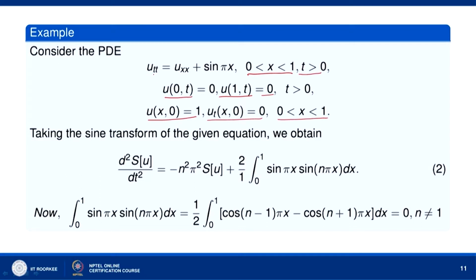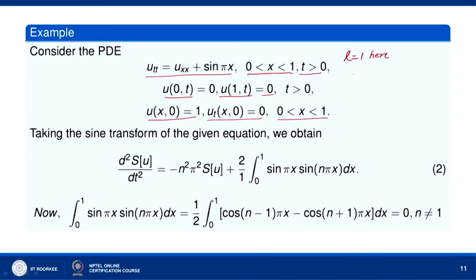So, what we do, let us take the finite transform of the given PDE. Taking the finite transform of the given PDE means you multiply the PDE by sin(n pi x over L), integrate with respect to x over the interval 0 to L, and multiply by 2 over L. Here we have x between 0 and 1, that means L is equal to 1.